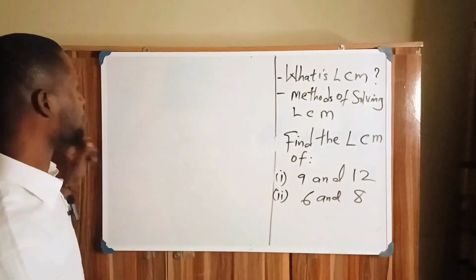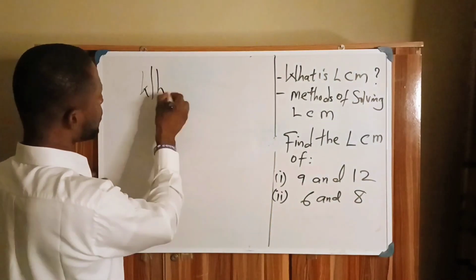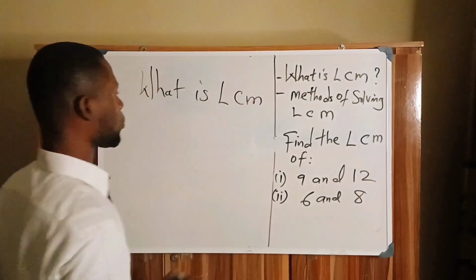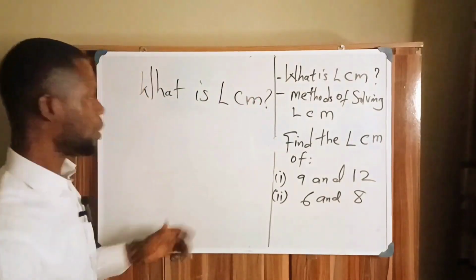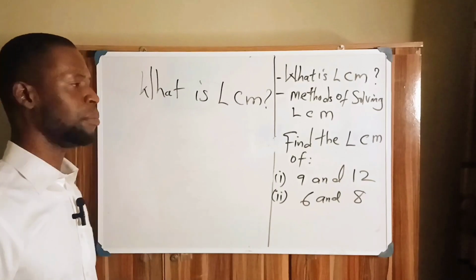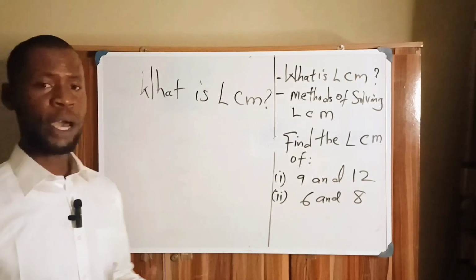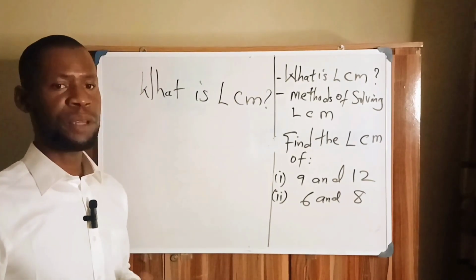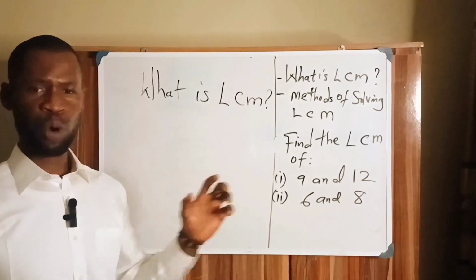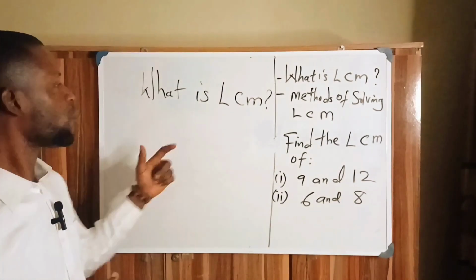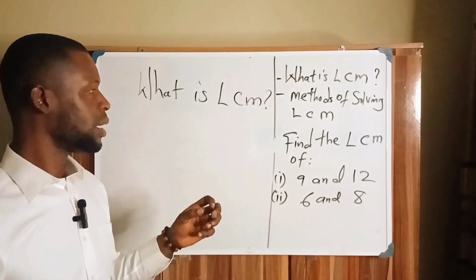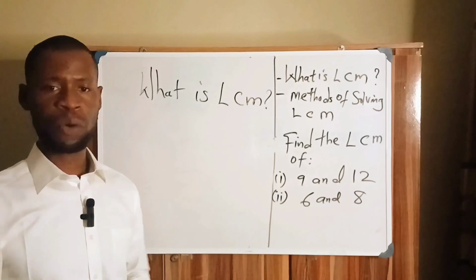But before that, what is LCM? That is the definition of LCM. The LCM of two or more numbers simply means the number that is exactly divisible by all of them. The LCM of two or more numbers simply means the number that is exactly divisible by all of them.